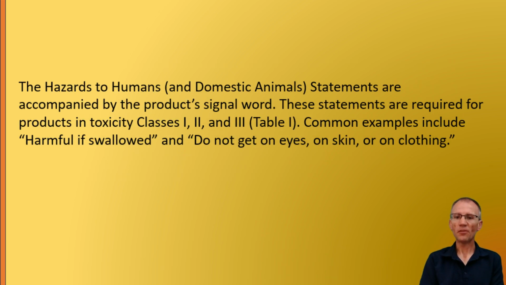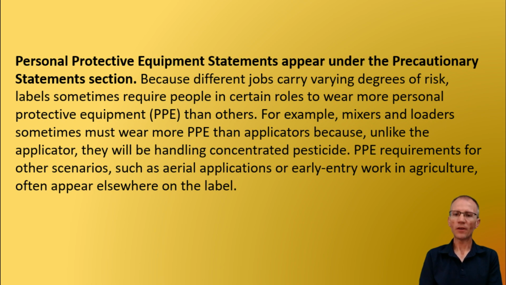The hazards to humans and domestic animals statements are accompanied by the product signal word. These statements are required for products in toxicity classes 1, 2, and 3. Common examples include harmful if swallowed and do not get on eyes, on skin, or on clothing. Personal protective equipment statements appear under the precautionary statement section.